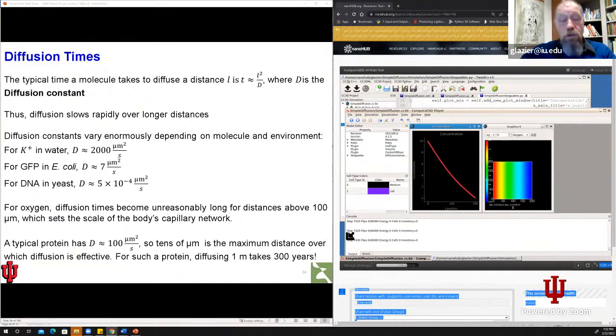There is a relationship called the Stokes-Einstein relation that says that if you have a spherical object in a simple fluid like water, the diffusion constant of that sphere decreases with the radius of the sphere, decreases with the viscosity of the liquid, and increases with the temperature. And that particular relationship sets an upper bound on the possible diffusion constant for a molecule.